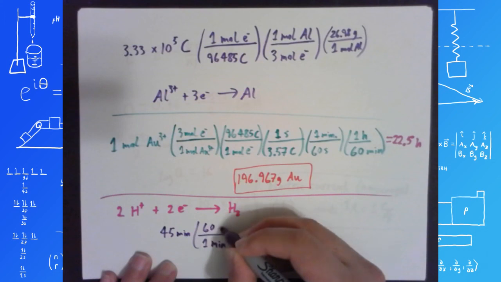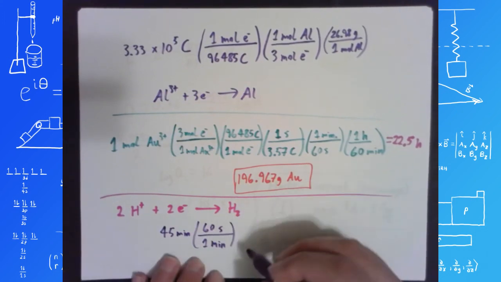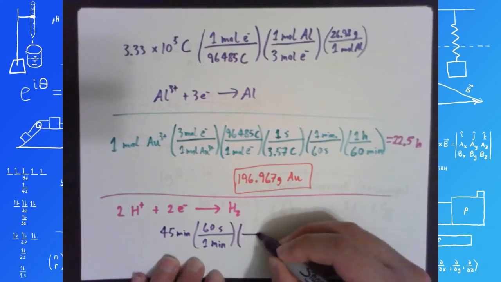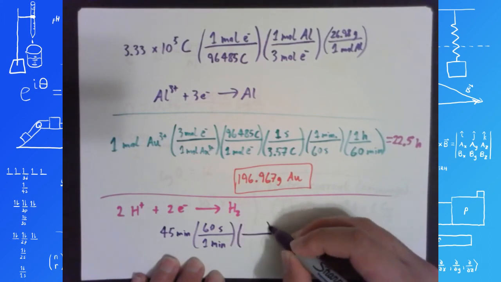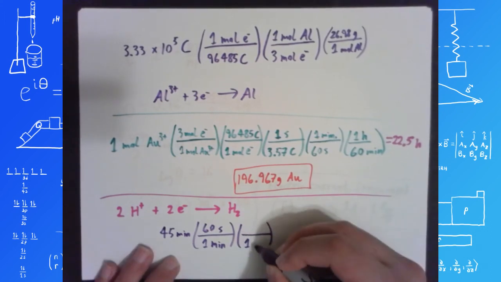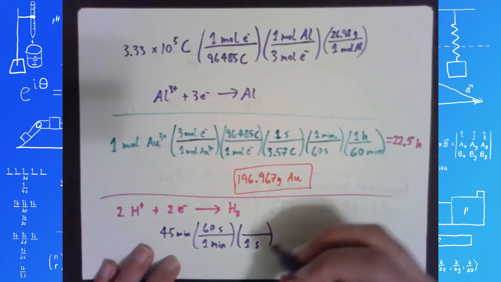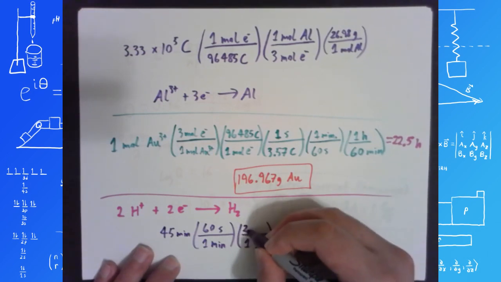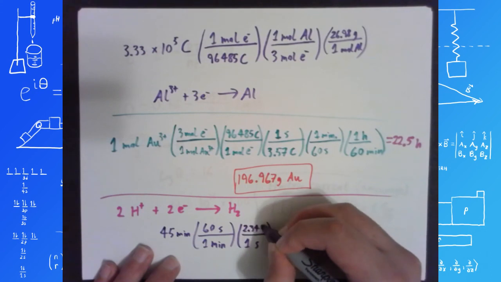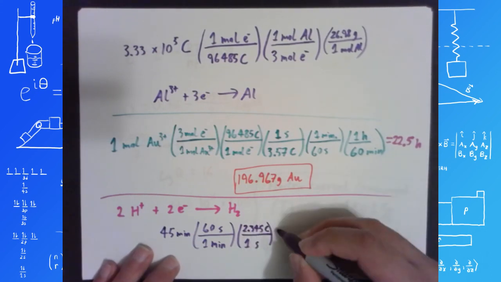I don't know if they mean for the 45 to be an exact number. And then for every 1 second, they told us it was 2.345 amperes, so 2.345 coulombs of charge per second.